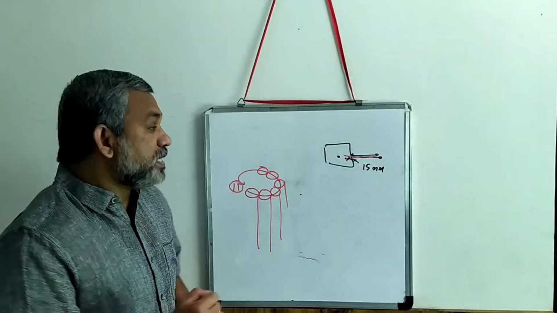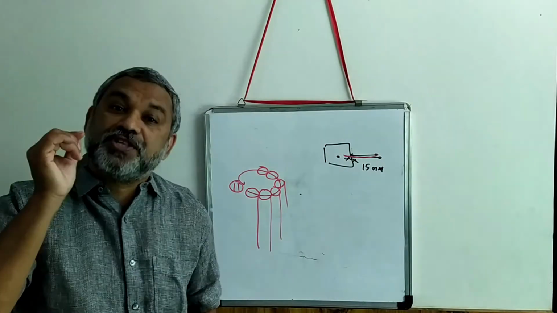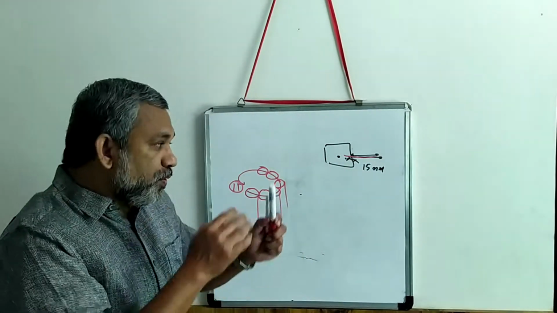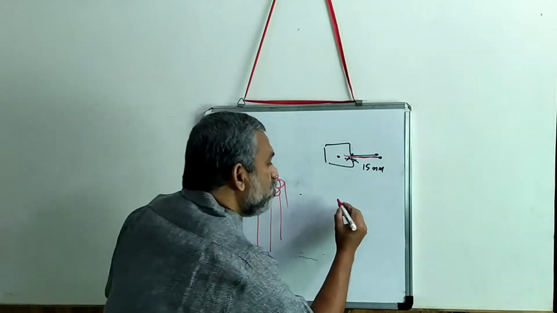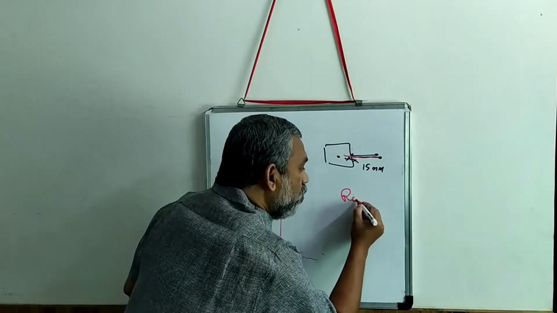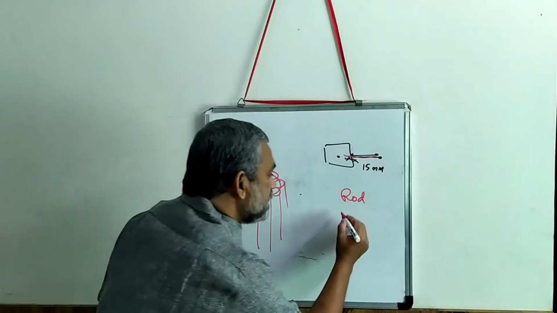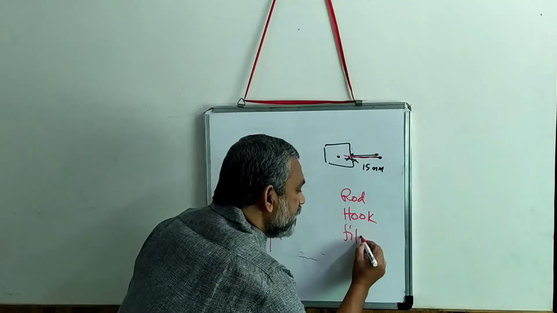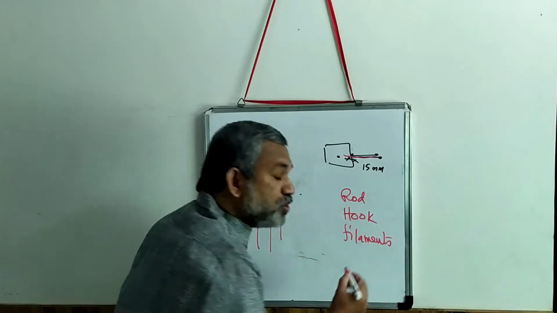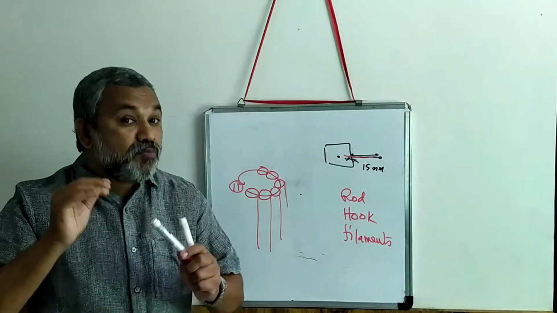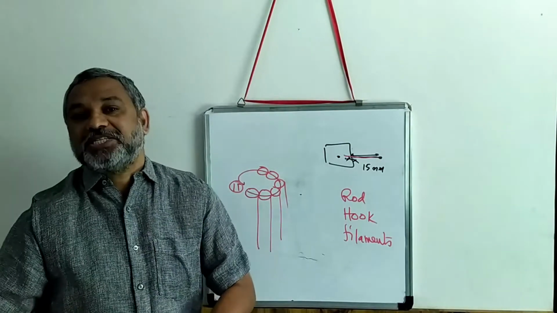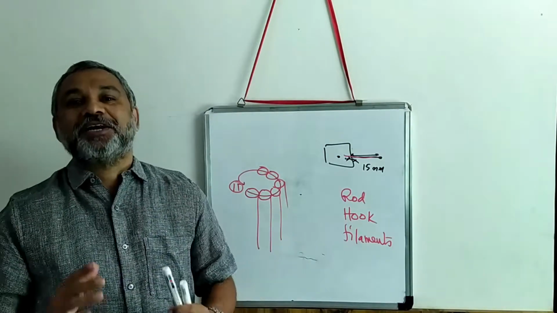Now let us look at the basic structure of this motor, and the motor is at the base. There are three important portions: it has a rod, it has a hook, and it has this filament. These are the three portions present in a flagellar motor which helps the bacteria move in a particular direction.